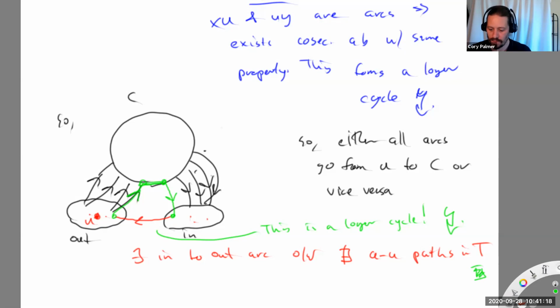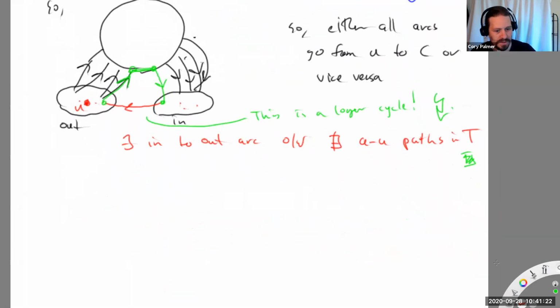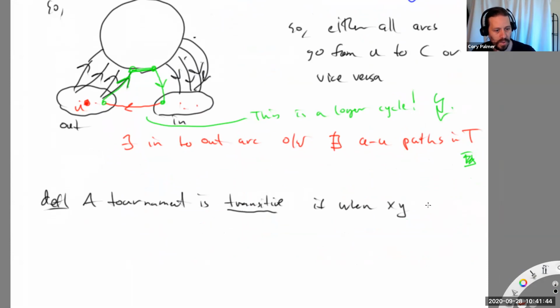All right, and then one more thing about tournaments here. I already alluded to this, but there's a special type of tournament called a transitive tournament. Okay. So definition: a tournament is transitive if it just has this transitive property, if when x, y and y, z are arcs, then so is x, z.